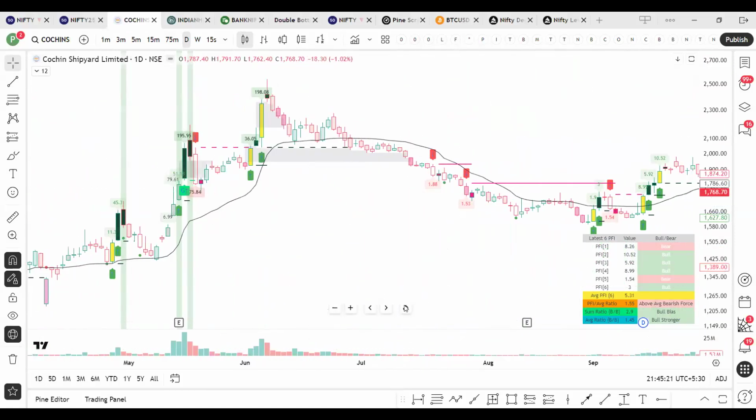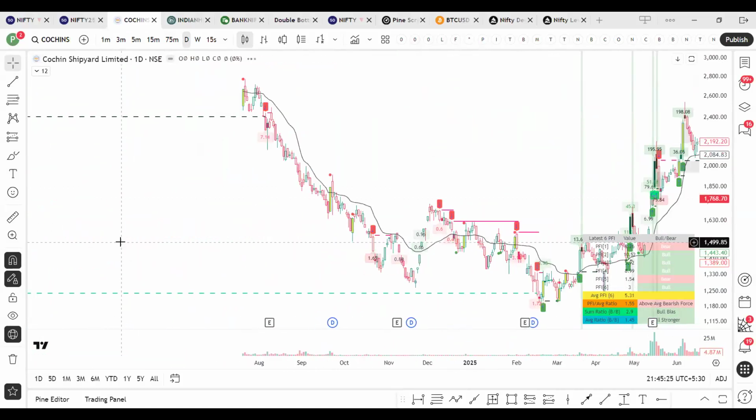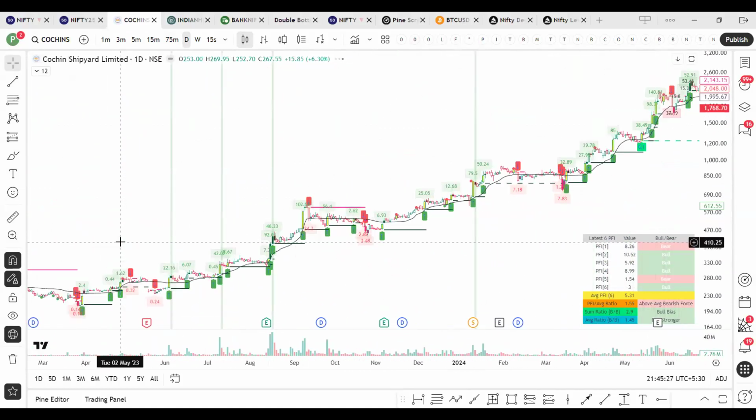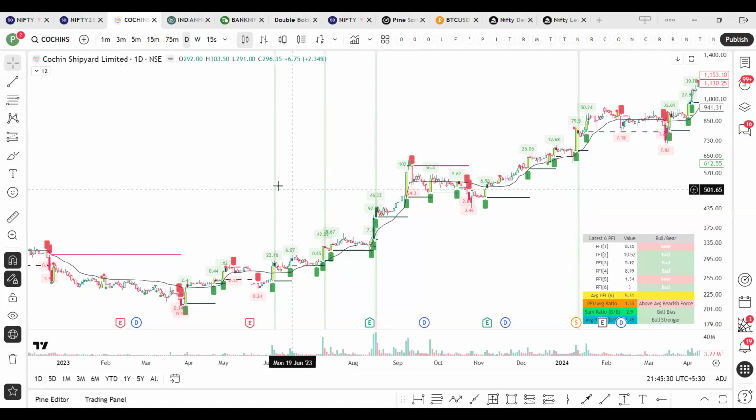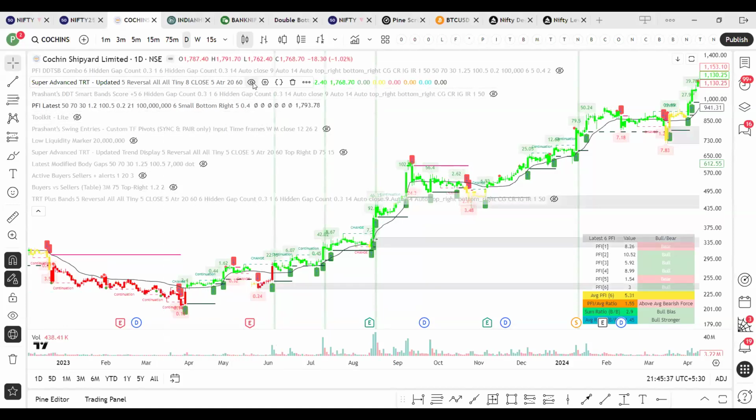This indicator will show multiple things. Okay, so this is a PFI indicator we have added to the chart. We'll add TRT along with this.